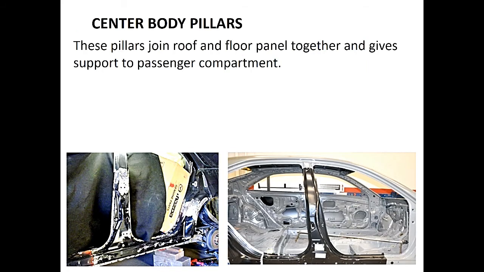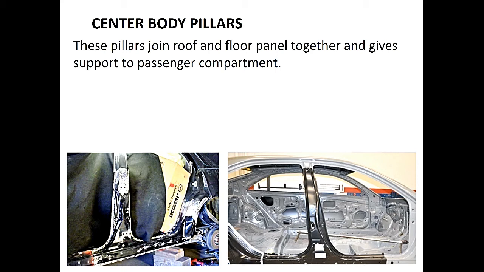The center body pillar. As we mentioned earlier, a center body pillar joins roof and floor panel together and gives support to the passenger compartment. The center body pillars are two pillars on either side of the car body.